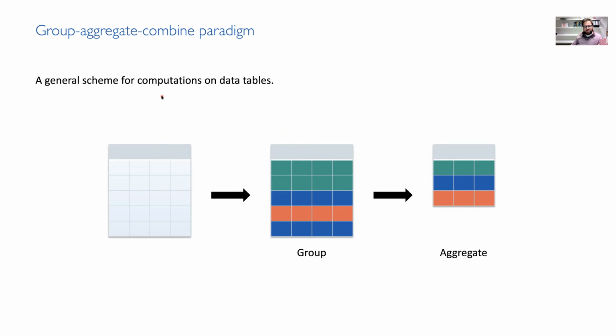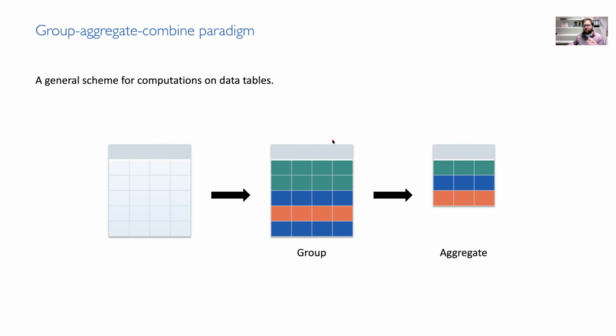What we do, the general operation on such a data table, is that we first group our observations in some meaningful way. So for example, we want to group all flights that happened in the same month. And then we aggregate.